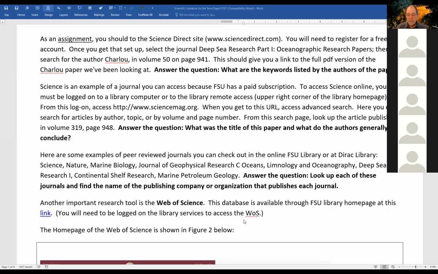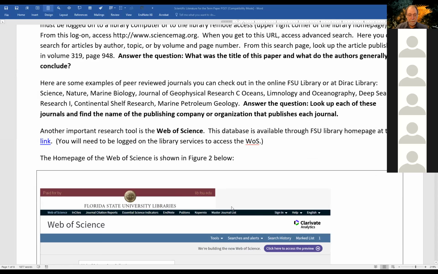Once you're in the library services, you get full access to that database, plus all the embedded tools in there. I've got a bunch of examples in the document here, but instead of looking at that, I wanted to go to the actual Web of Science, and we'll go through that, and I'll show you some of the search tools that you can use there.